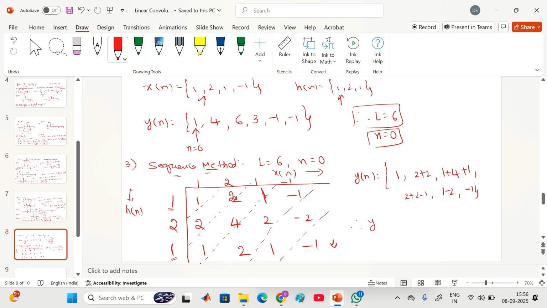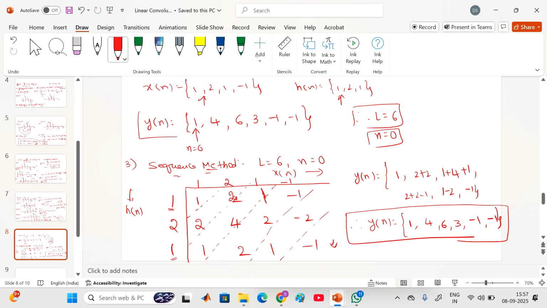So therefore, y of n is equal to 1, 4, 6, 4 minus 1, that is 3, minus 1, minus 1. See, whether I have considered the graphical representation or the sequence method, I get the same answer. So the starting index for n is equal to 0.